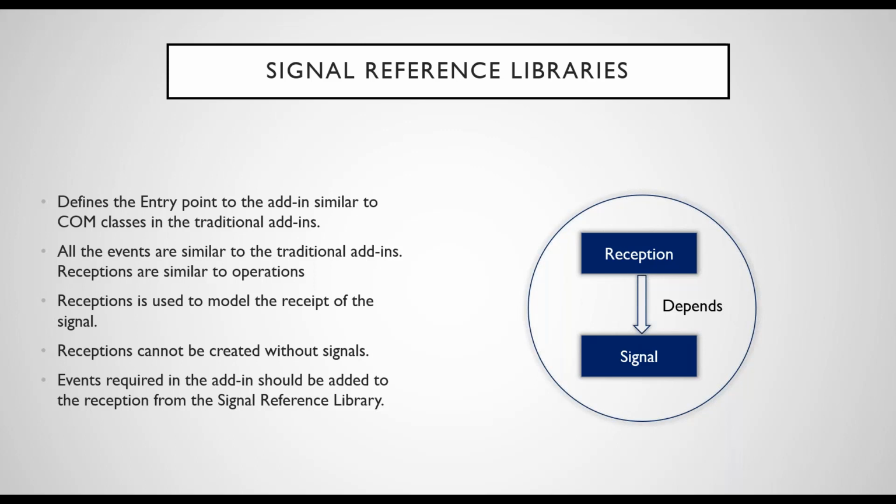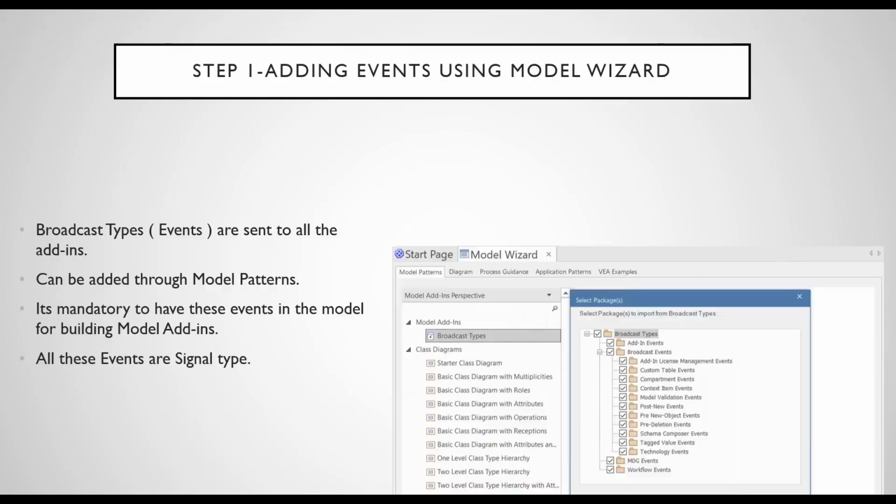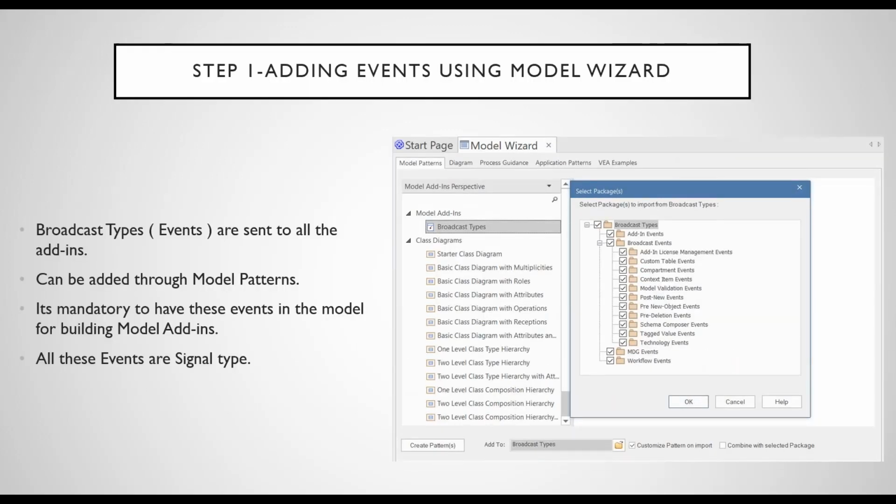Now let's see a step-by-step procedure of how to build or configure the model add-ins in our repository. As I said earlier, model add-ins don't require any specific dependencies like code editors for this development process. They just need EA, and a model should be loaded.